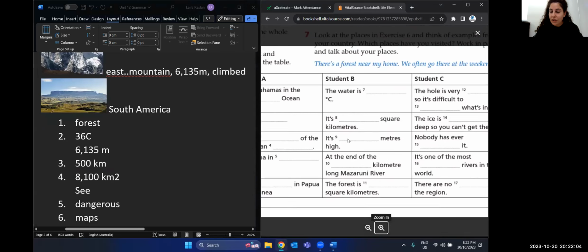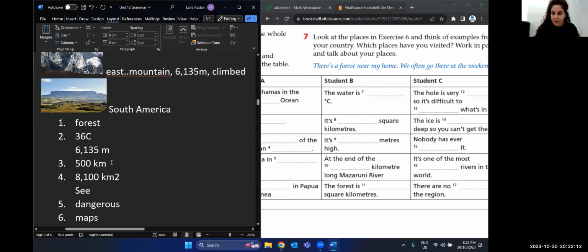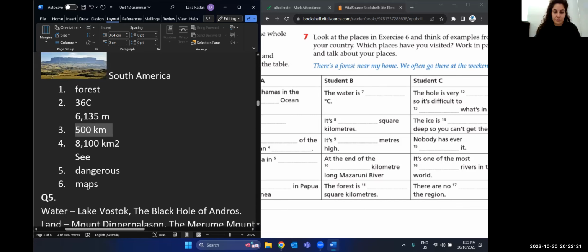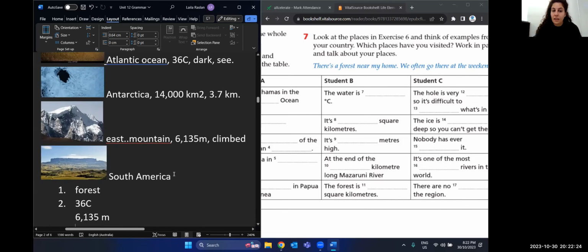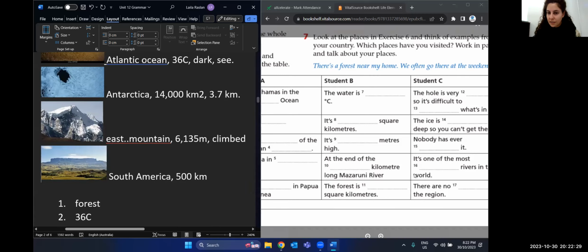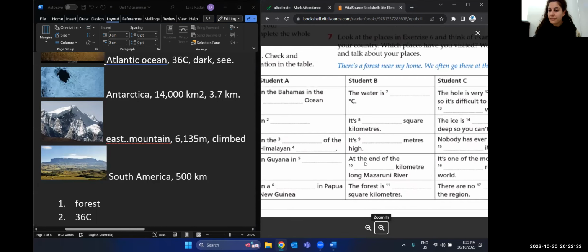At the end of the 5,000 kilometer, number 10, at the end of the 5,000 kilometer long Mazaruni River.